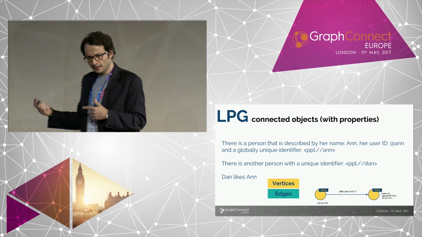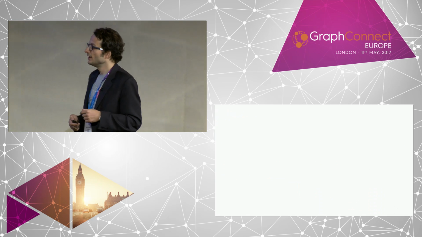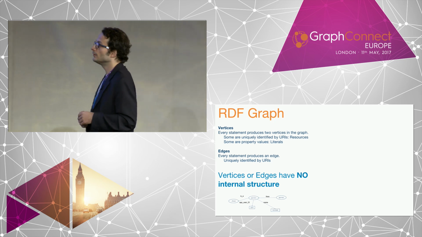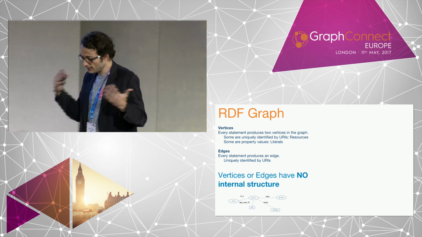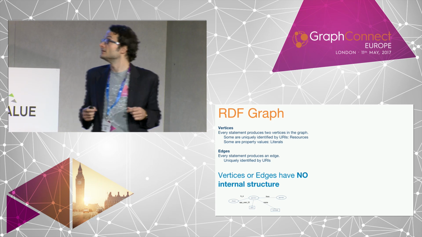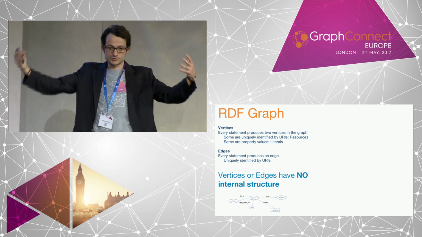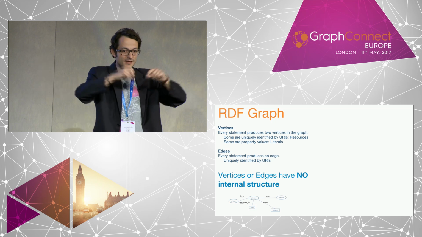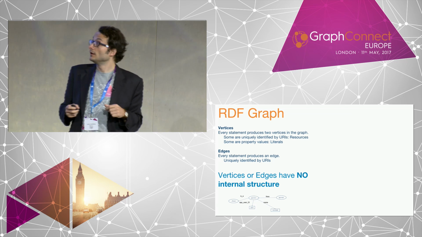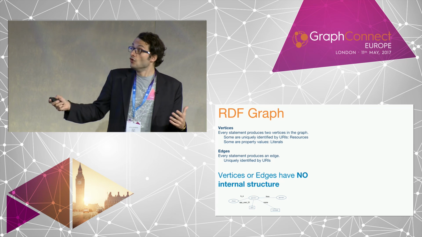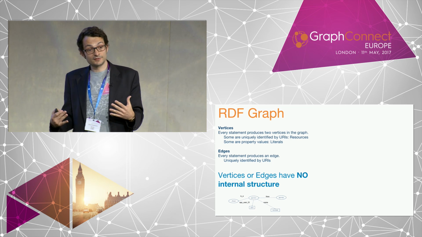So if, again, we see the vertices and edges, and if we compare them, I think I've reiterated that enough. So where the vertices come from, every statement will have subject and object being vertices, and the edge will be the predicate. No element in that graph has any internal structure whatsoever.